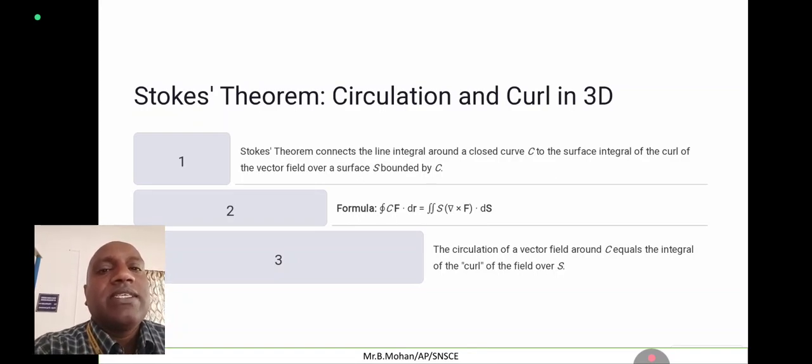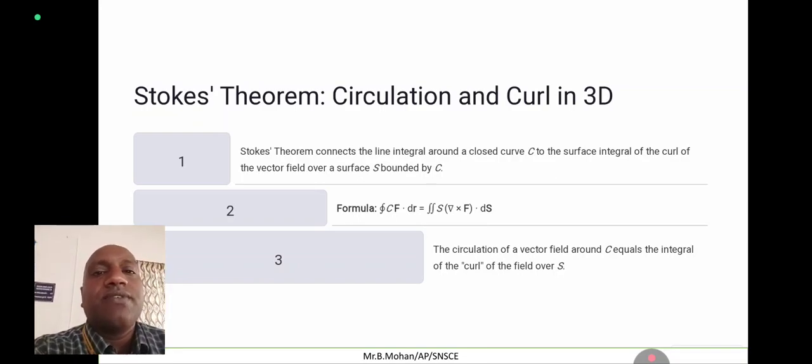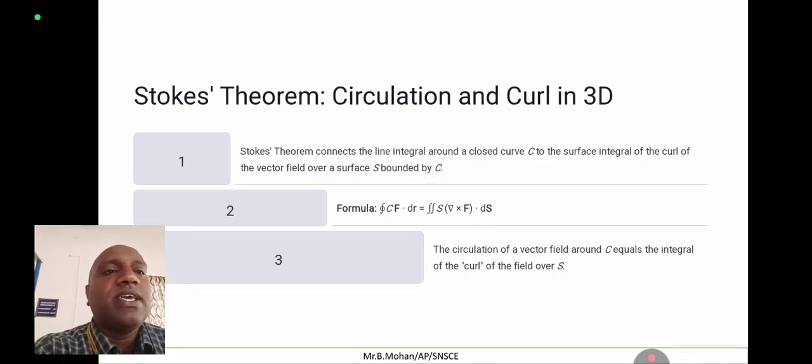C. This statement is very important, because the line integral around the closed curve C is related to the curl of F, the vector field, over the surface area.